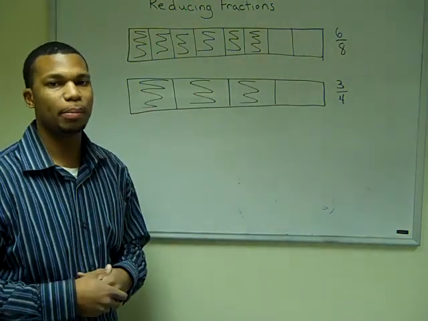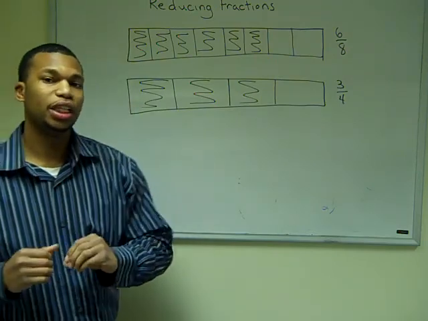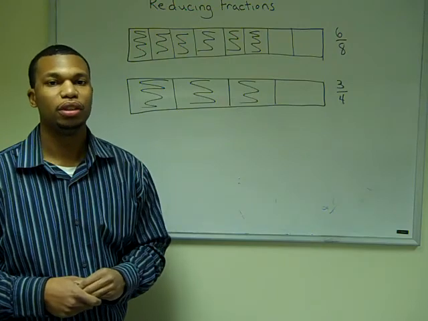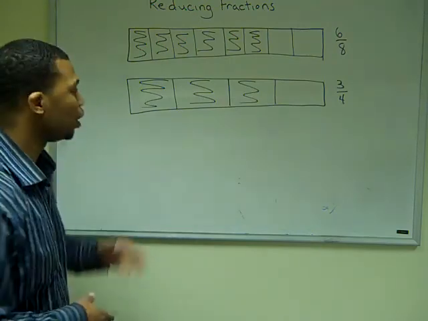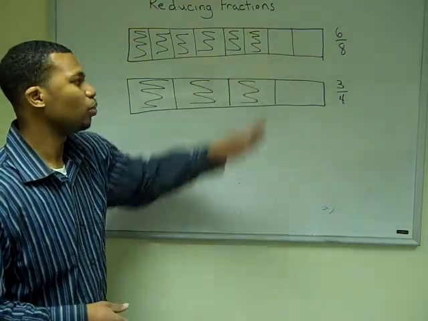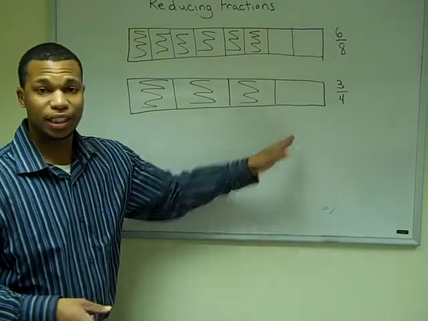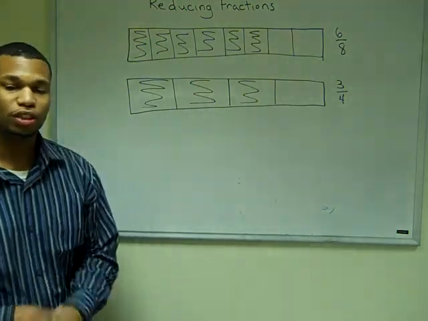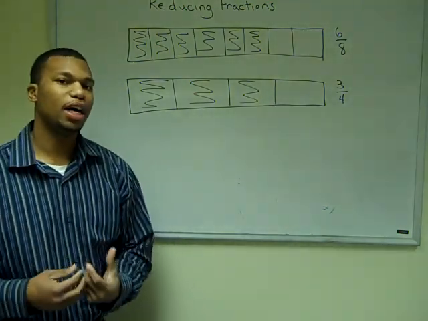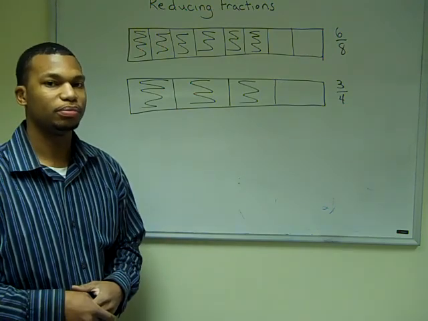Reducing fractions involves finding the lowest equivalent fraction. So in the bar under it, I have 3/4. If you look at how the quantities are divided, 6/8 is exactly the same as 3/4. So that's what we're going to get into, the mathematical concepts of finding equivalent fractions.